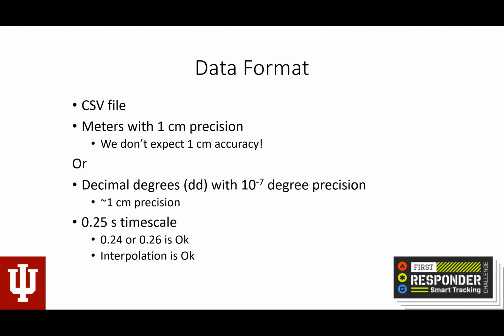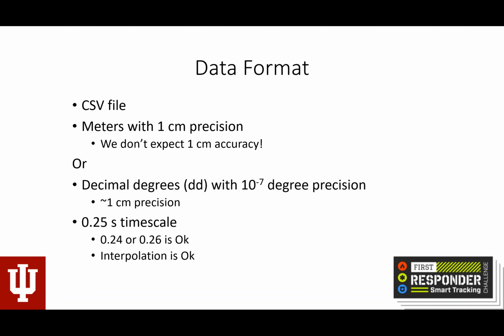to this. So we do require a CSV file, and we want it to go to meters with 1 centimeter precision, but that doesn't necessarily mean we expect 1 centimeter accuracy. Rather, we are asking that your output goes to 2 decimal places for meters. Or decimal degrees is also acceptable with 10 to the -7 precision, which is about 1 centimeter precision.